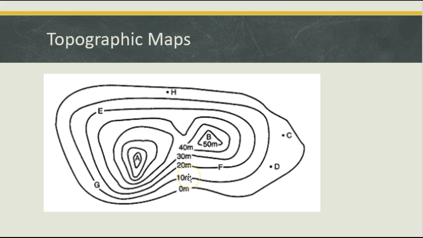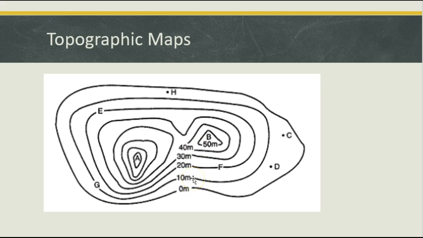So the contour interval between this line and this line is 10 meters. It's kind of easy on this map. The contour interval then between each of the contour lines on this map would be 10 meters.